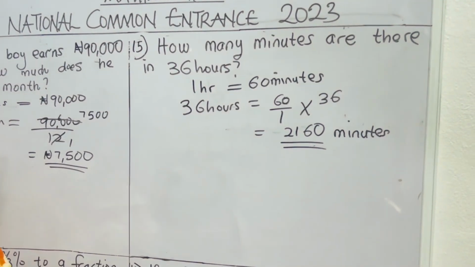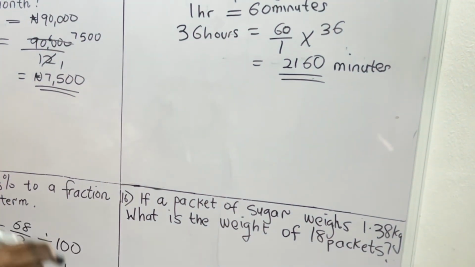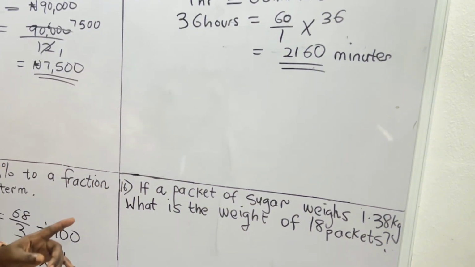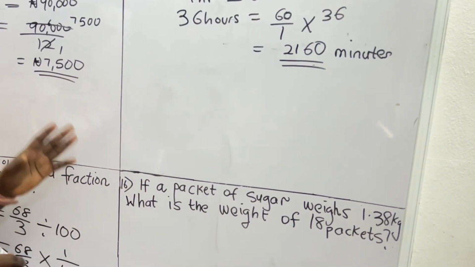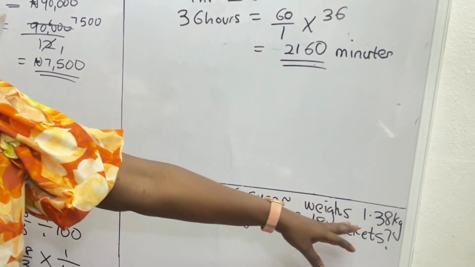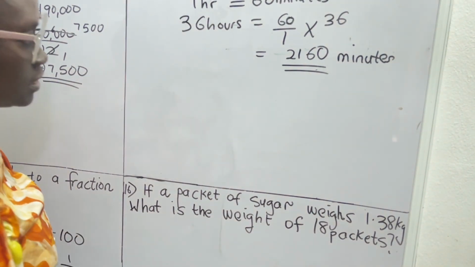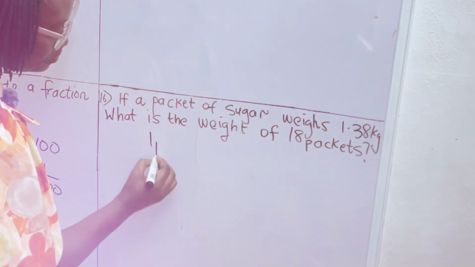Next question. If a packet of sugar weighs 1.38 kilogram, what is the weight of 18 packets? So if one packet weighs 1.38 kg, 18 will be more. So that is a direct proportion.